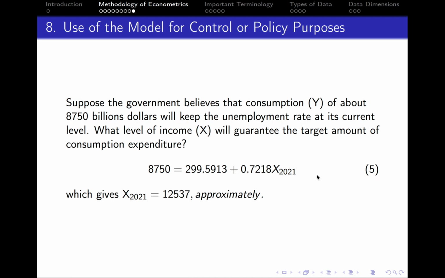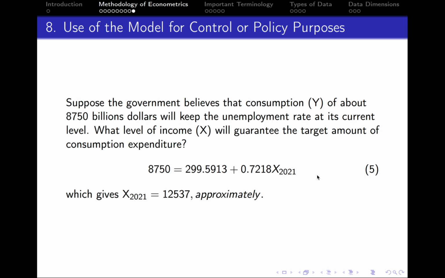It is used by policymakers to come up with policy measures that are necessary, let's say, for either keeping the economy in the state it is now, or for improving the state of the economy, or for stabilizing the economy. So for various reasons, but in simple words, it is used for policy purposes.